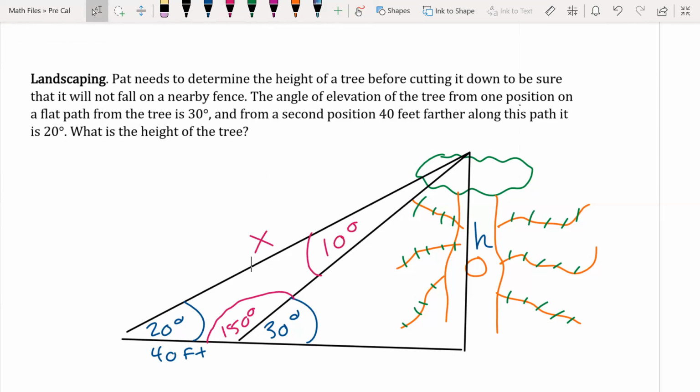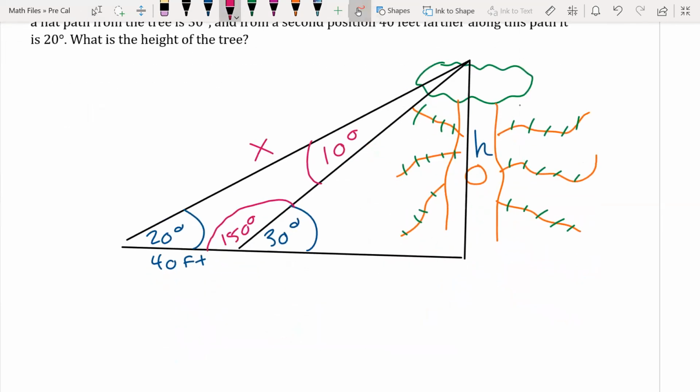So let's do it. You'll get x over the sine of 150 equal to 40 over the sine of 10.